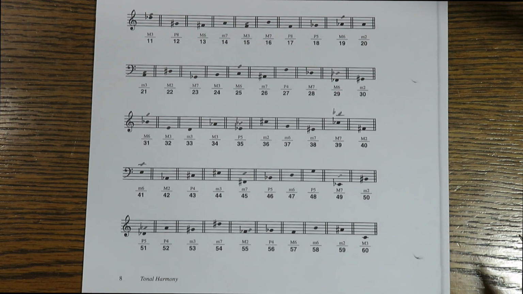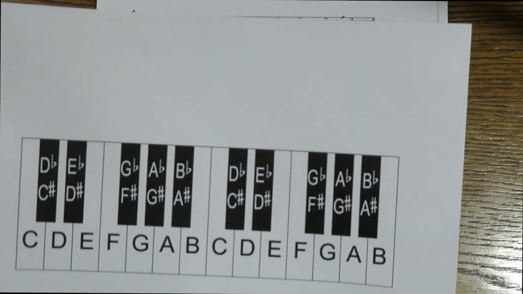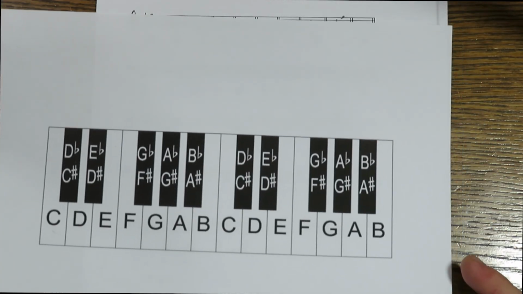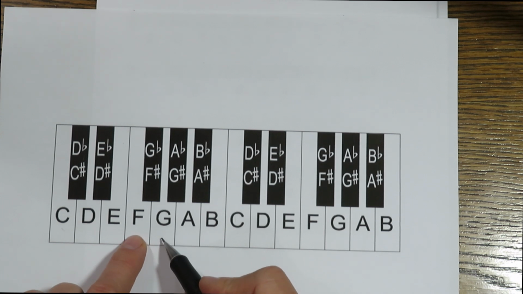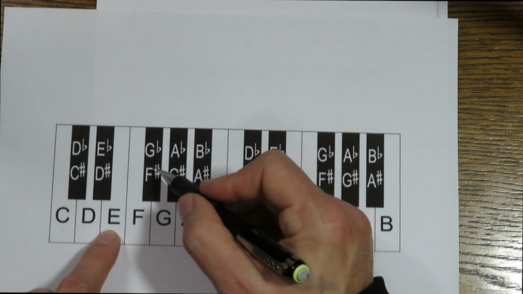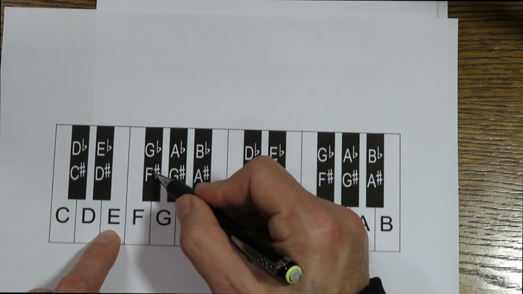Okay. So let's look at that. F flat to G. So we know F to G is a major second. So F flat to G flat would be a major second.